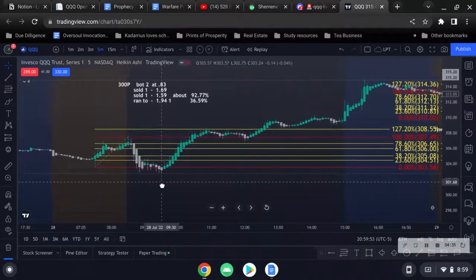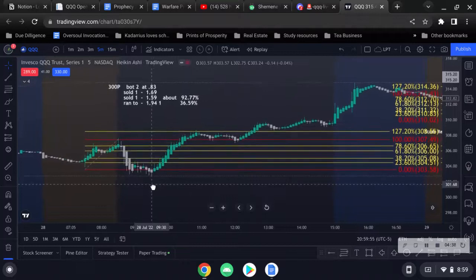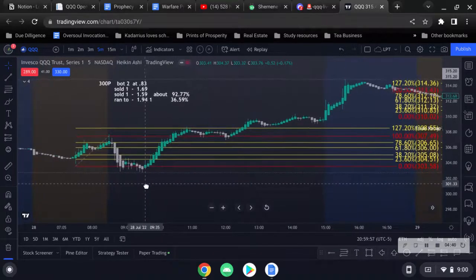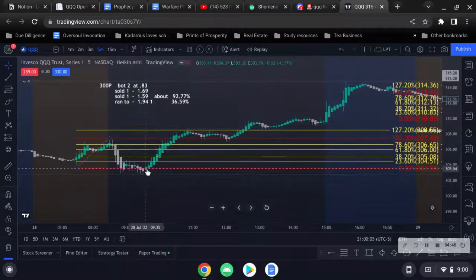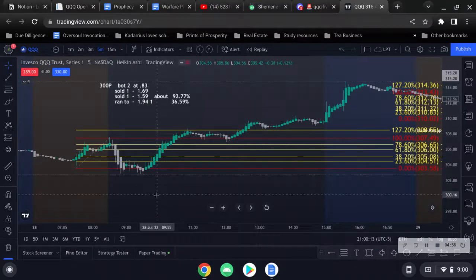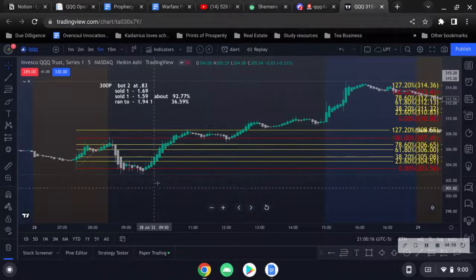If you want to play both sides, when you're using your retracements or fib levels, you already have your levels marked. Here QQQ has found support, so you can look to see if we're going to reverse and enter into a call. If you had the MACD or something like that, that would have guided you.